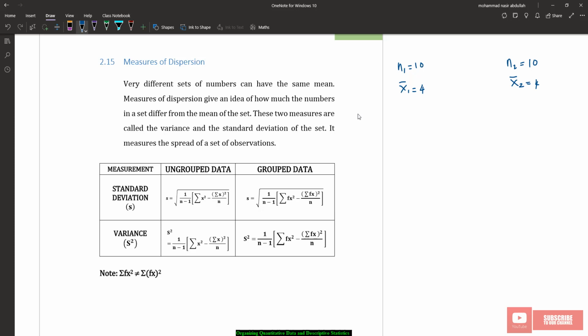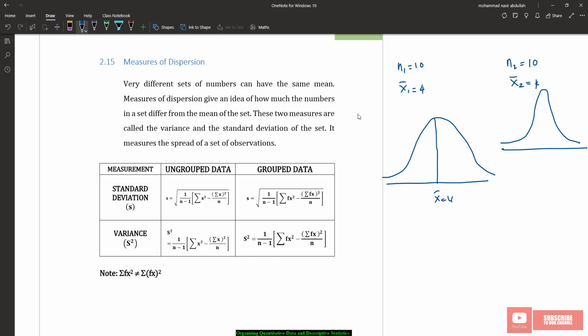variance or standard deviation. So let's say we have this kind of distribution for playground A, right? For playground B, I have this type of distribution. So both have mean equal to 4. This also has mean equal to 4. So obviously you can see the shape of the data is not equal, because the first distribution is wide, and the second distribution is less wide.